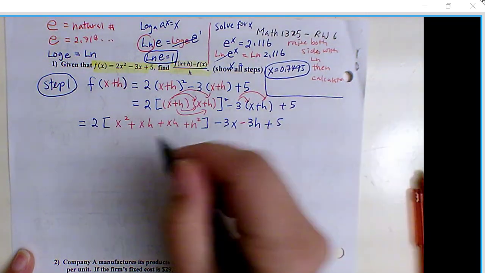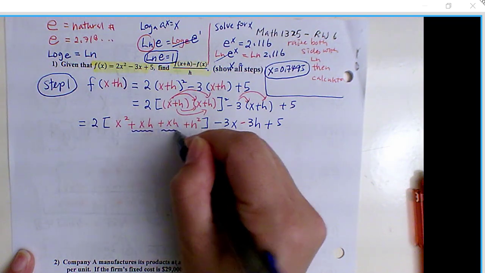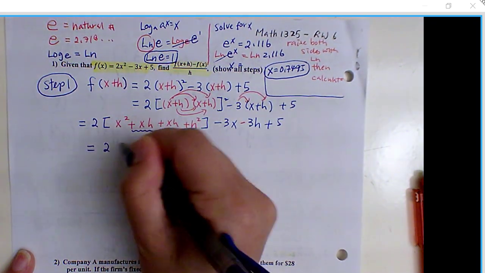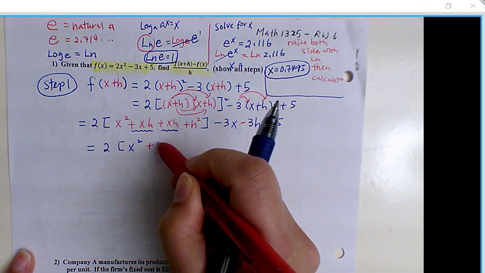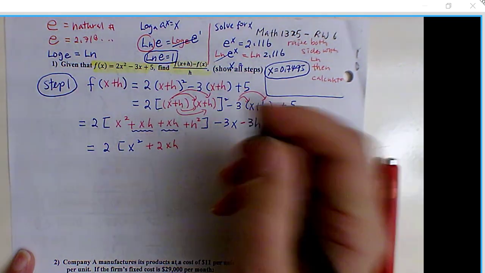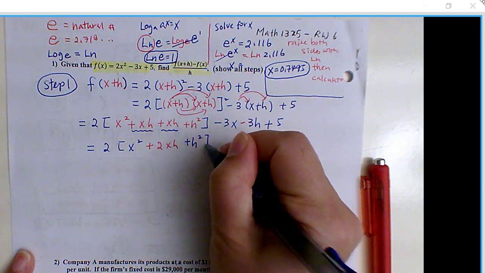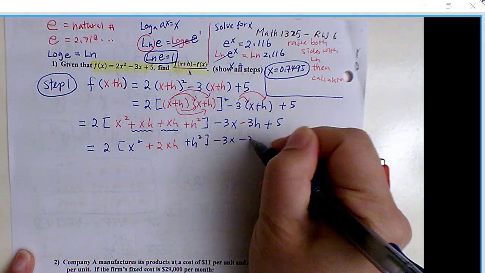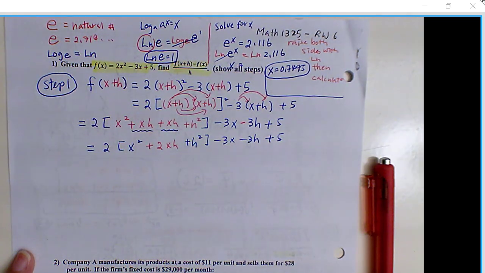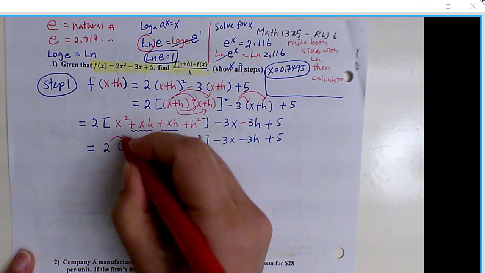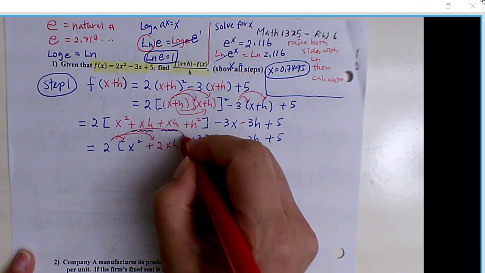So after that, you can see we have like terms here, 1 plus 1. So this is x squared plus 2 times xh, and then plus an h squared minus 3x minus 3h plus 5. And next step, we can distribute the 2 inside the parenthesis to each term.